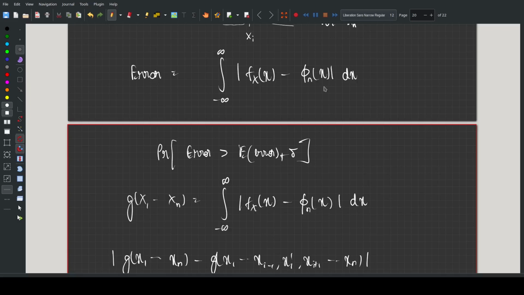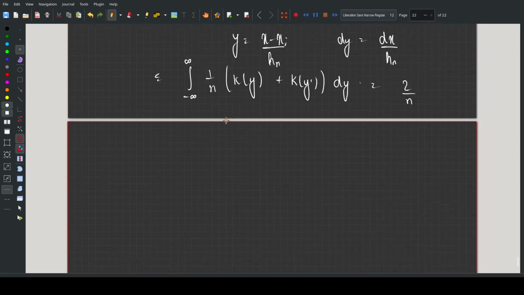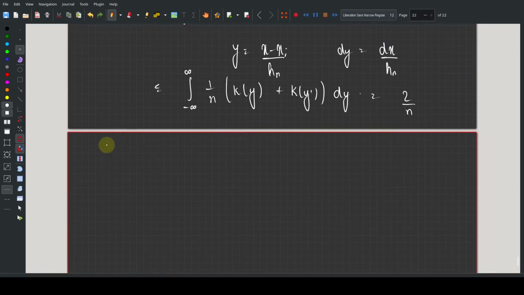But can we use something much more loose? Correct, right? So let's look at the expected error, or even the error itself.